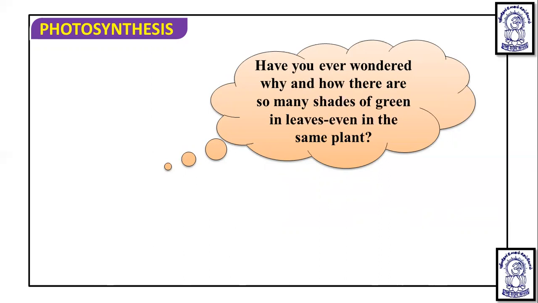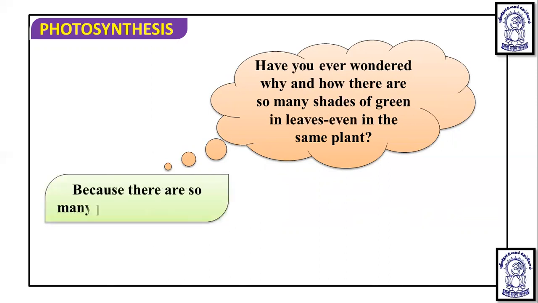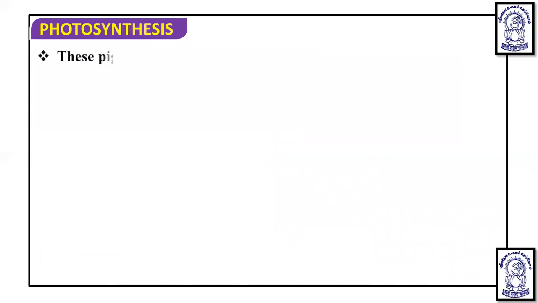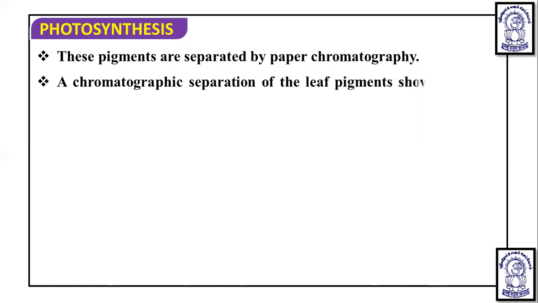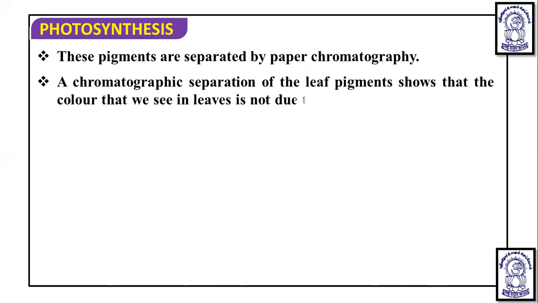Now the question is, have you ever wondered why and how there are so many shades of green in leaves, even in the same plant? It is because there are many different types of pigments in the leaves. These pigments are separated by paper chromatography, and the chromatographic separation shows that the color we see in leaves is not due to a single pigment but due to four different pigments.